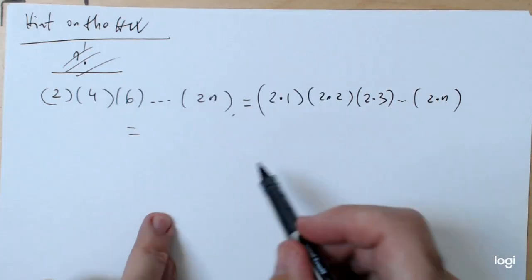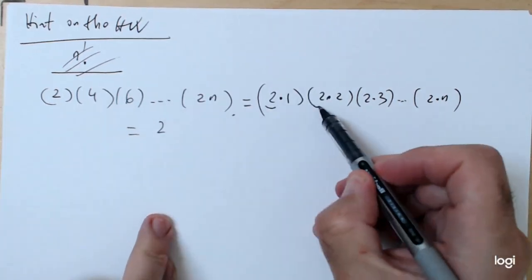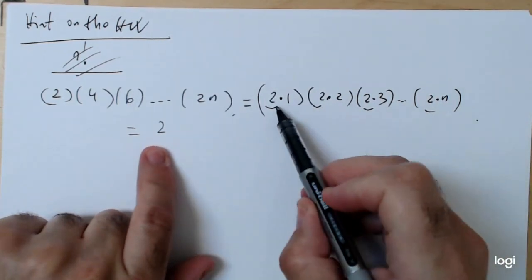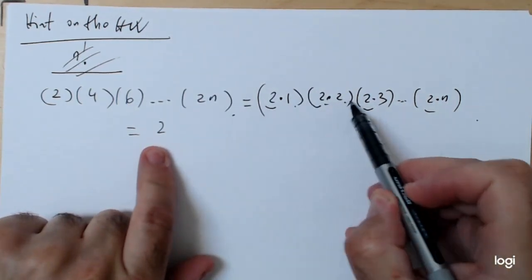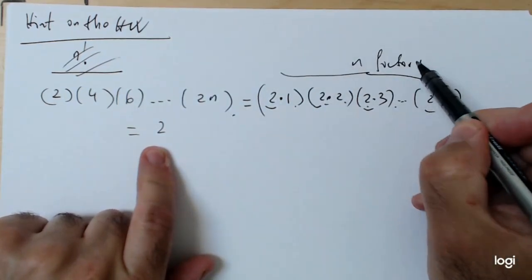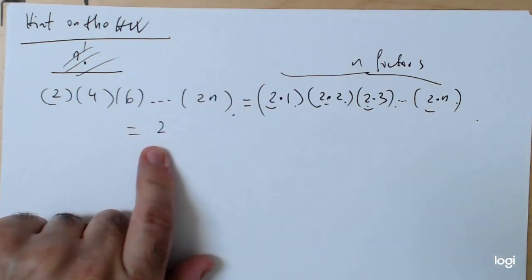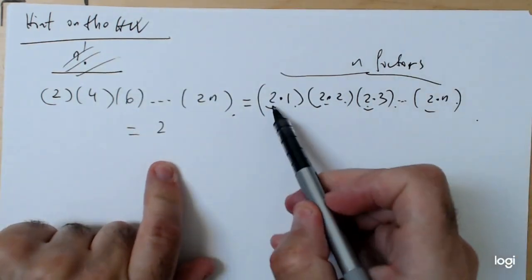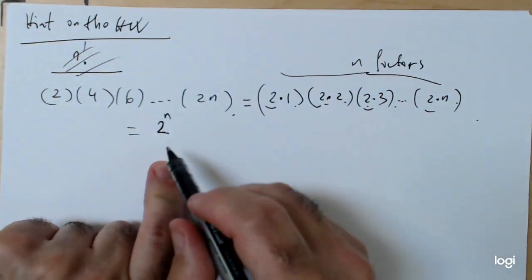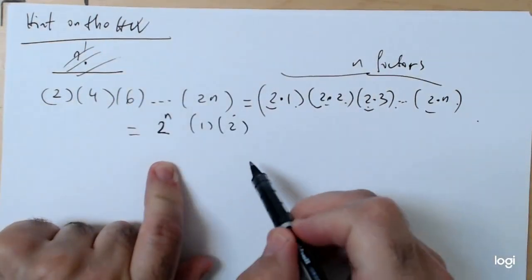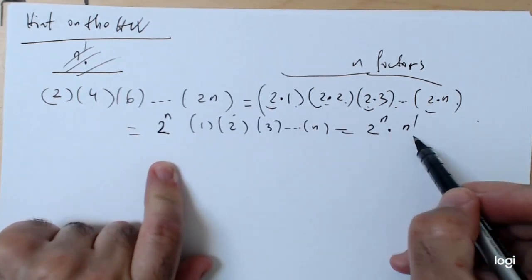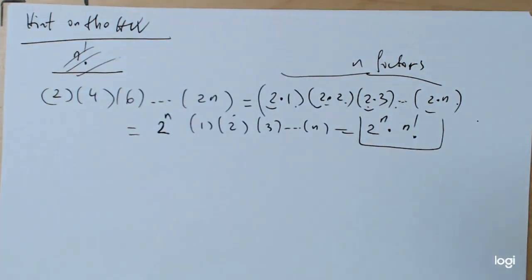And so then, obviously, you can pull the 2 out of each factor. Now, the question is how many of them are. Notice that because you have 2 times 1 times 2 times 3 up to n, that tells you these are n factors. So you have to make sure that you count them carefully. That means you pull n factors of 2, and if you do that, you can write it as 2 to the n, and you're left with 1, 2, 3, up to n, which furthermore you can write in a more compact form as n factorial.